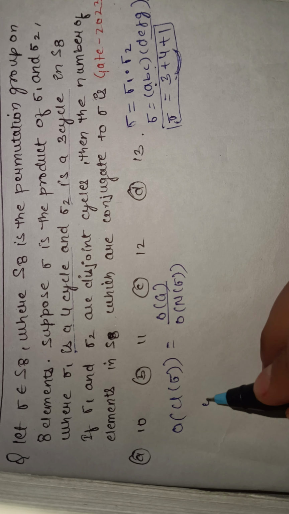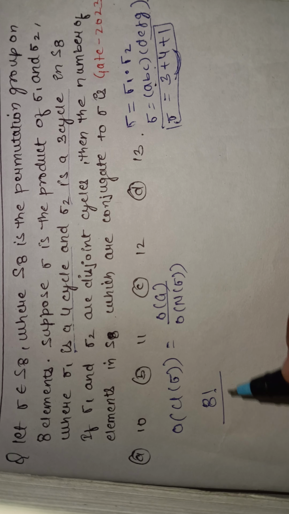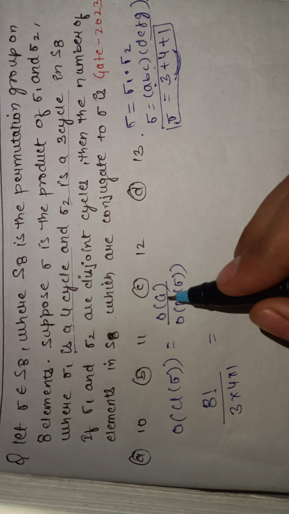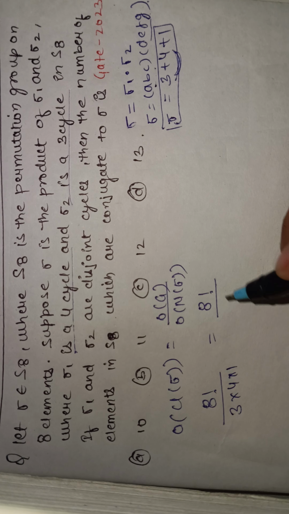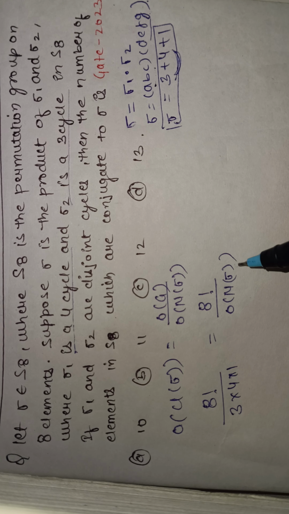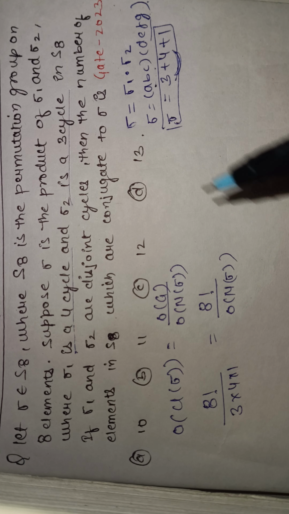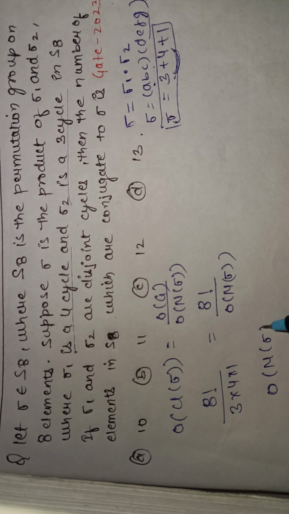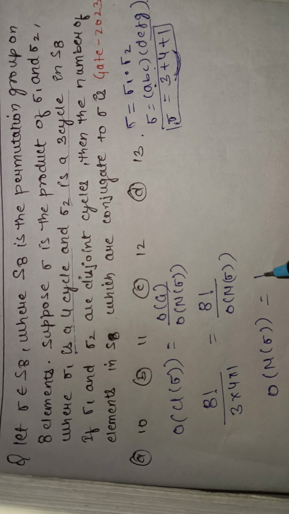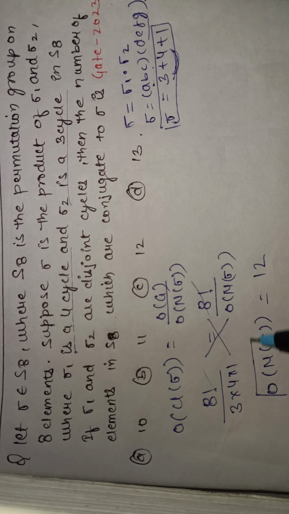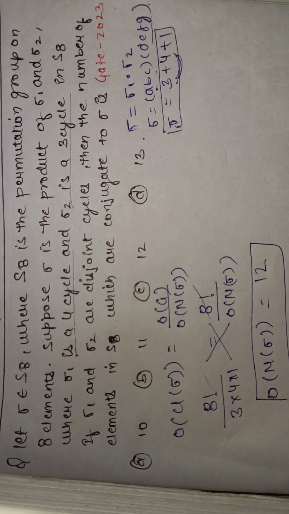So 8 factorial upon 3 into 4 into 1 type, and the order of the group is also 8 factorial upon the order of the normalizer of sigma. So the order of the normalizer of sigma is equal to 12. Cross multiply this, and this is equal to 12.